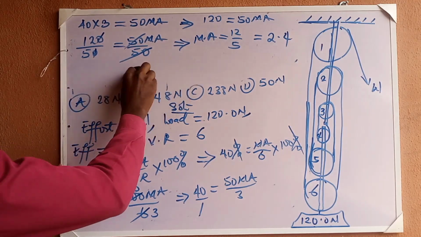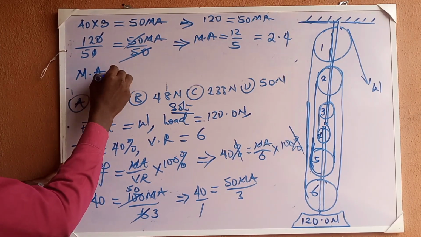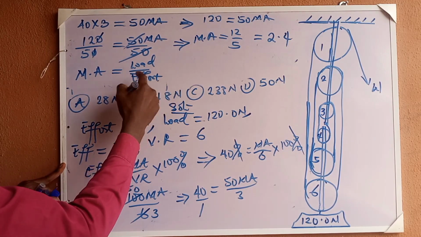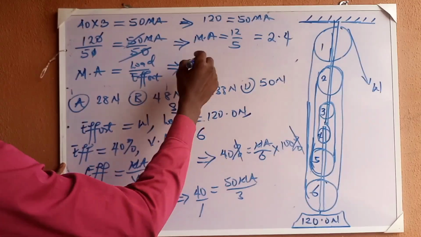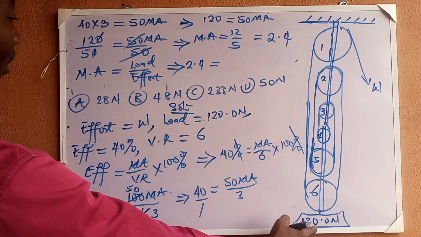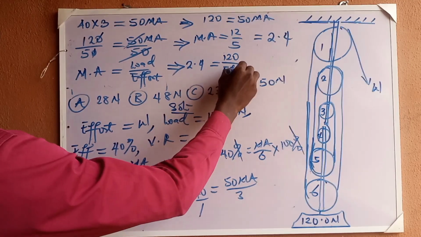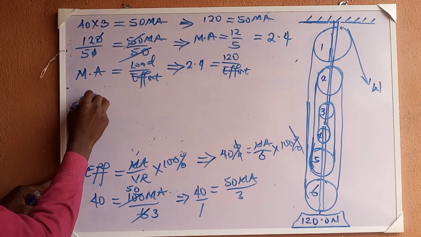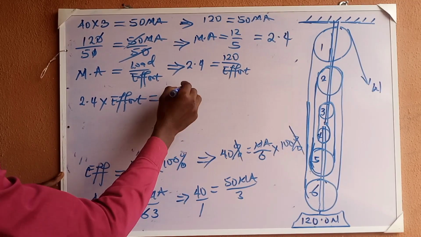Having gotten mechanical advantage as 2.4, we recall that mechanical advantage is load over effort. This implies that mechanical advantage, which is now 2.4, equals load. Our load is 120 Newton. So we have 120 Newton over effort. And when we cross and multiply, we're going to have 2.4 multiplied by effort equals 120.